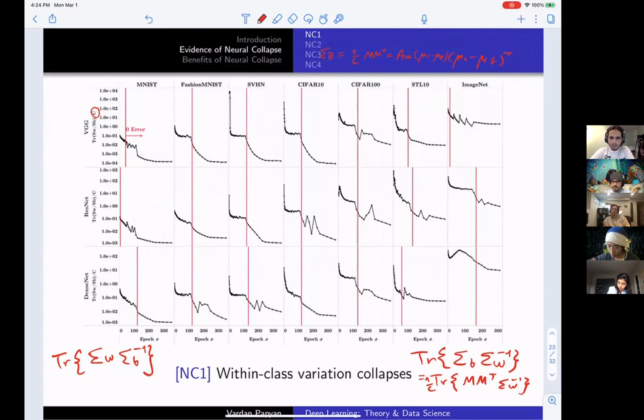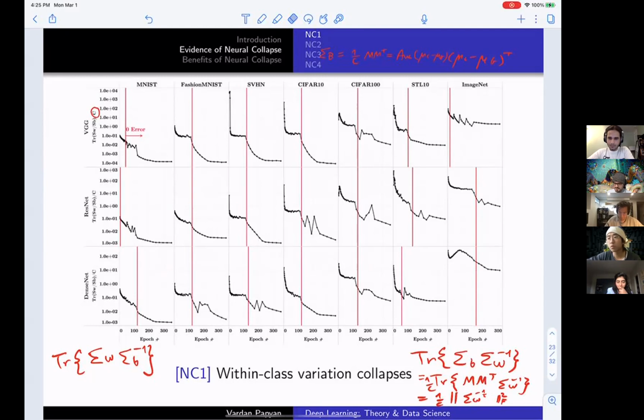And so notice that at the bottom right, this quantity can be written as 1/C of Sigma_W to the minus half multiplied by M, Frobenius norm squared. Can you decipher my horrible handwriting?